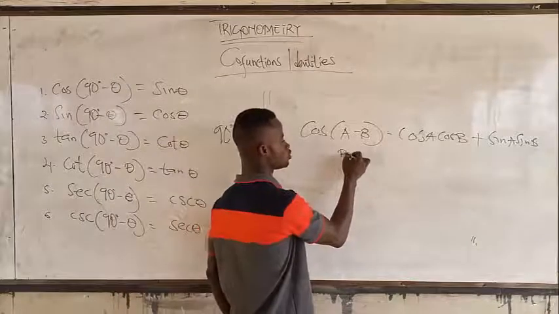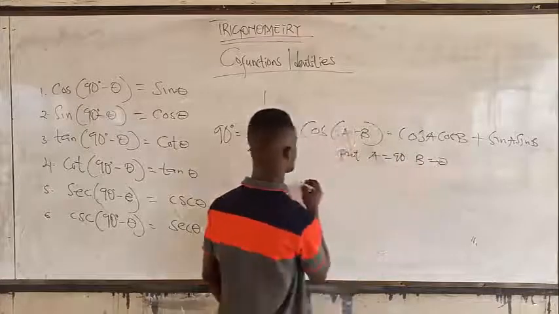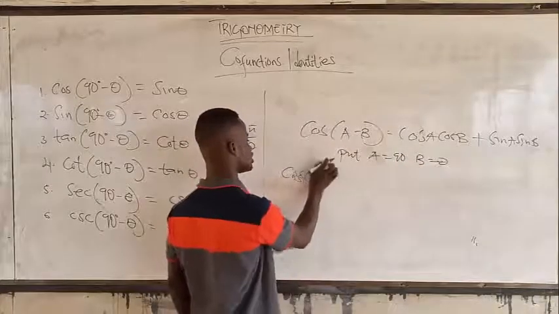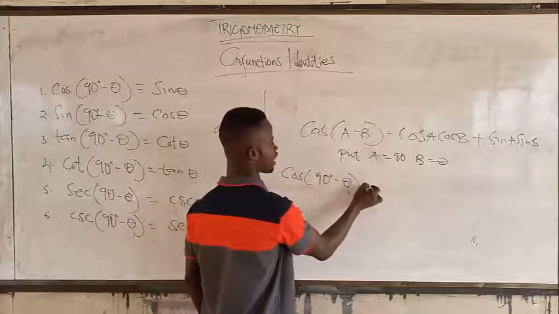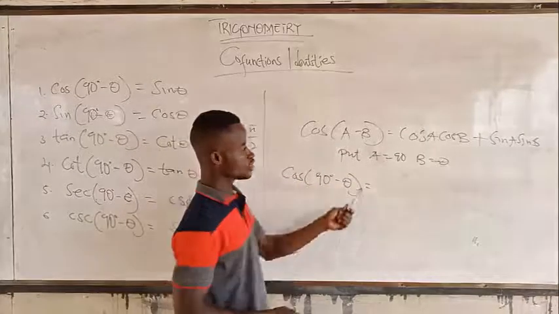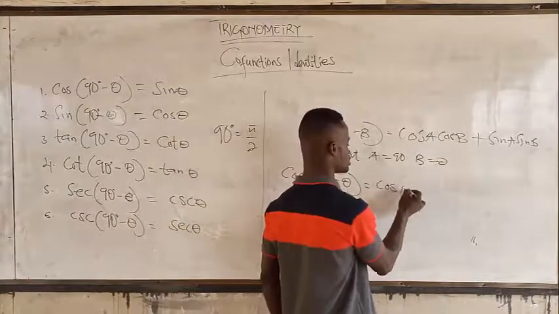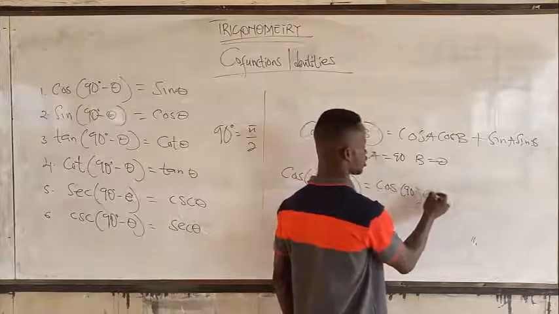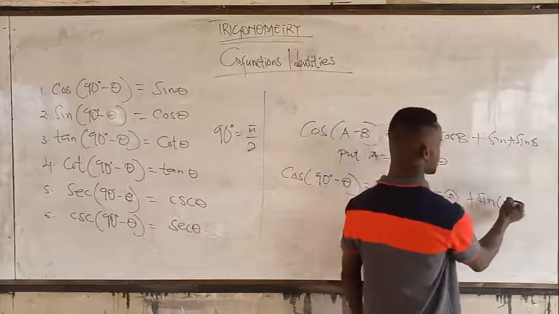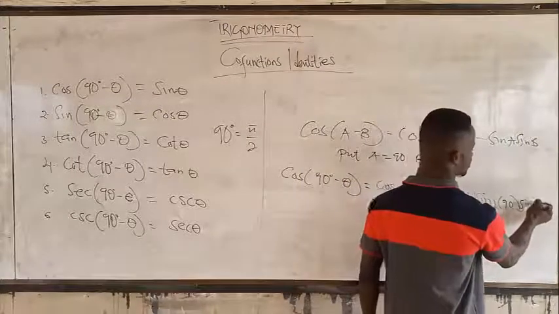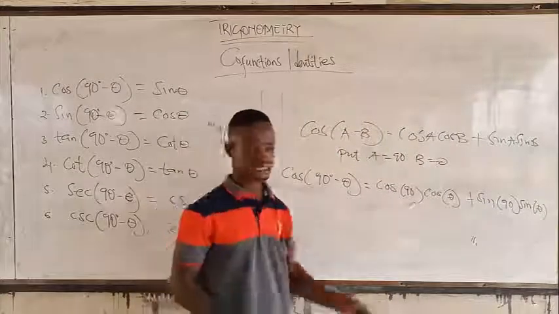Put A equal to 90, B equal to theta. So cos A minus B is cos of 90 degrees minus theta. Wherever you see A, put 90, and wherever you see B, put theta. So we get cos 90 cos theta plus sin 90 sin theta.